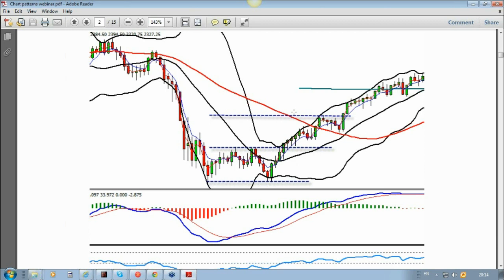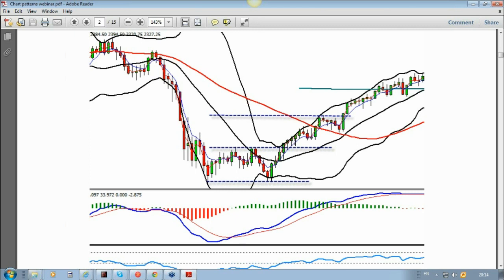I prefer to look from the very bottom or from the very top with patterns and divergences, because I think this way we risk less for a potentially much bigger move.